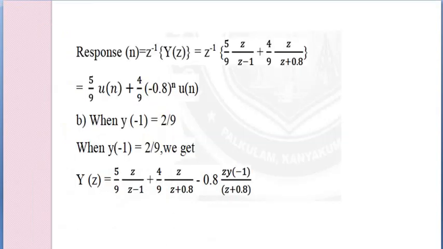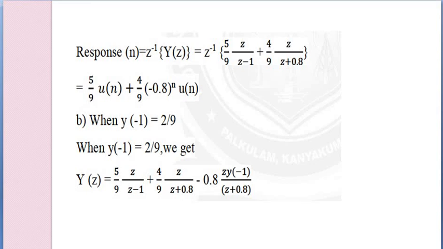The response y of n is determined by applying the inverse z transformation on Y of z. So y of n equals 5 by 9 (1) power n into u of n plus 4 by 9 (minus 0.8) the whole power n into u of n. Now if the y of minus 1 value is 2 by 9, we substitute y of minus 1 in Y of z.